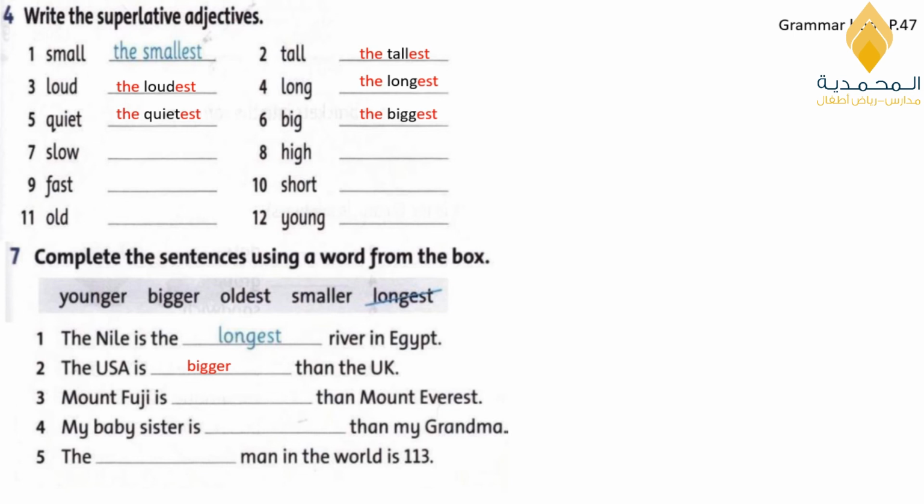Excellent, bigger. Number 3. Mount Fuji is smaller than Mount Everest. Number 4. My babysitter is younger than my grandma. Number 5. The oldest man in the world is 113.